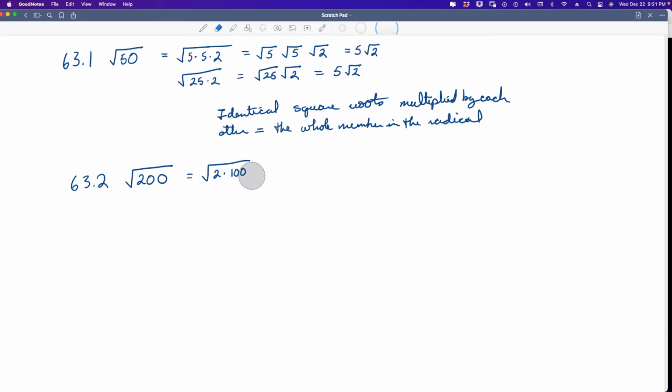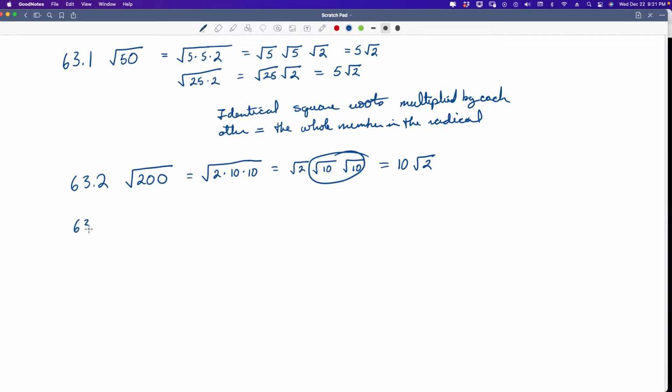And 100 is just 10 times 10, right? So we could also say the square root of 2 times the square root of 10 times the square root of 10. We have a pair. We could pull those out and say 10 times the square root of 2. Because we know that we can't pull anything out of 2, so that's as far as we can go with that.